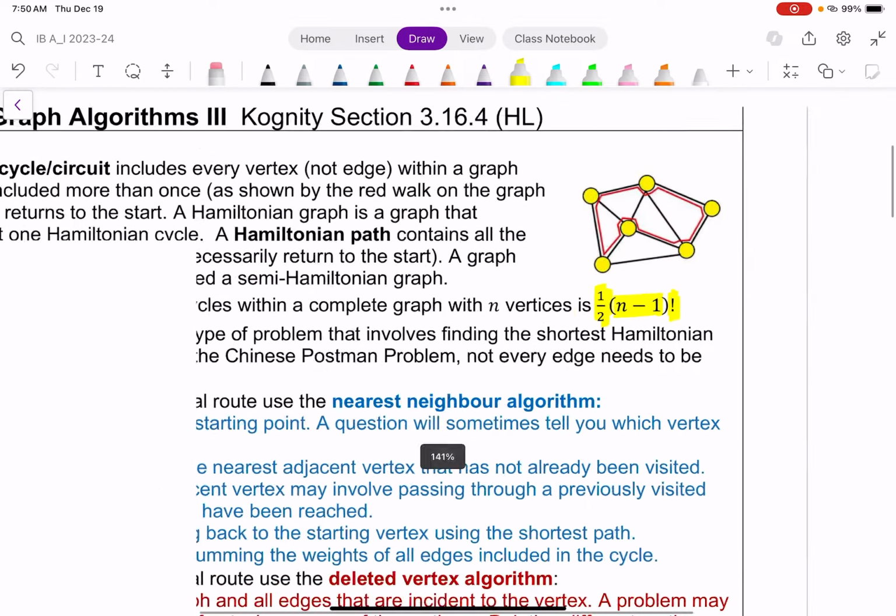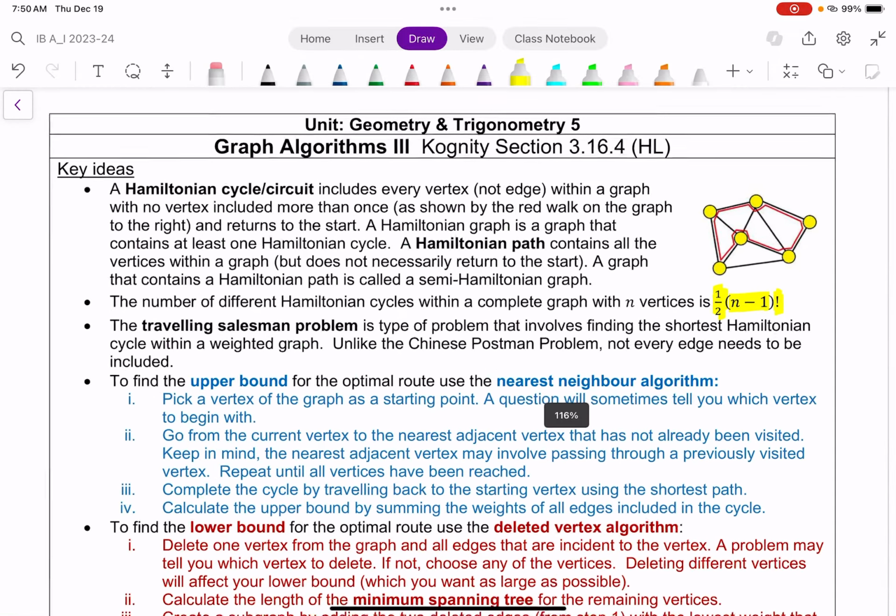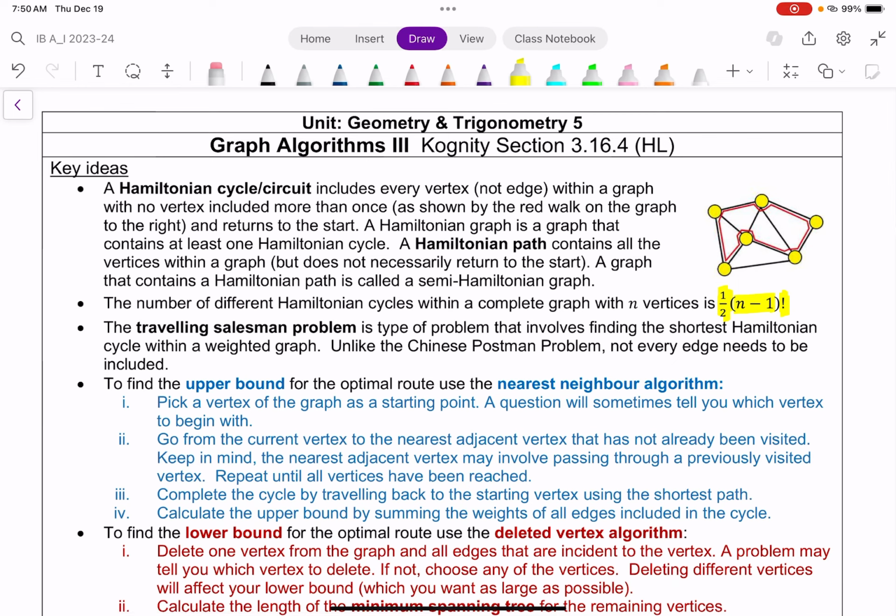And so for these questions, quite often, it is deceivingly complex to try to find the perfect path, or to find the path that we know has the absolute shortest distance. So instead, quite often, we're just trying to find a range for the shortest possible route, an upper and a lower bound for this minimum path, because it can get really quite complex quite quickly.